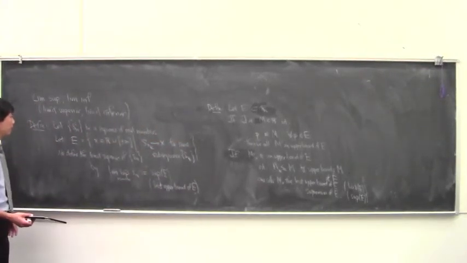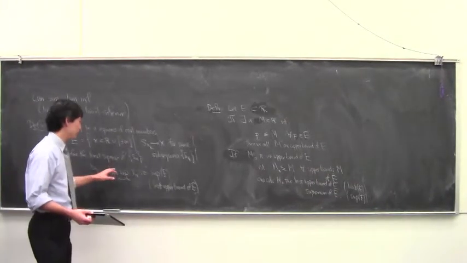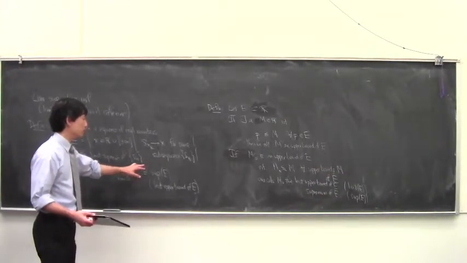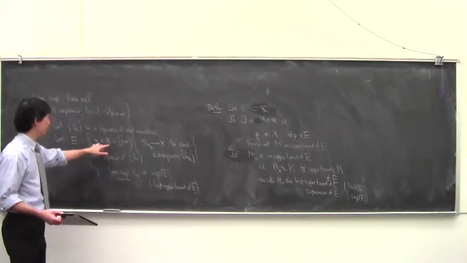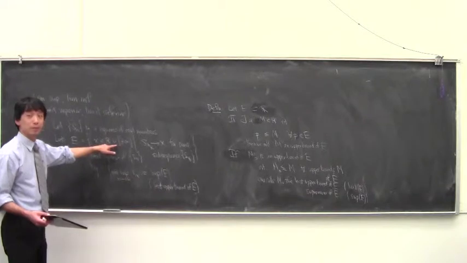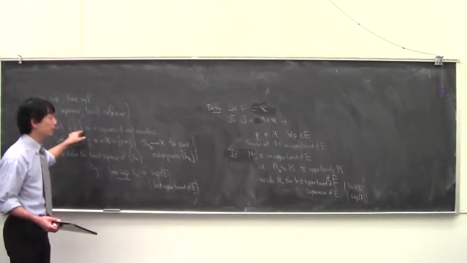Okay. But so the lim sup is the supremum, the least upper bound, of the set of limits of subsequences of your original sequence.